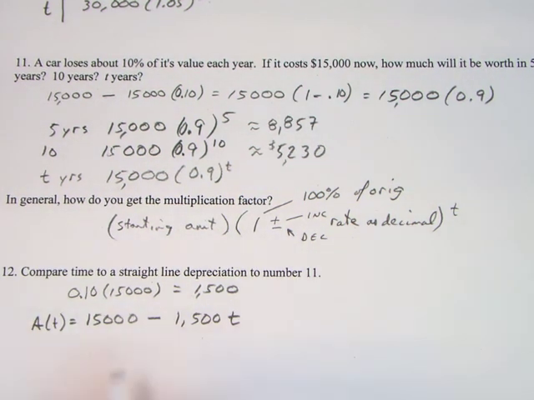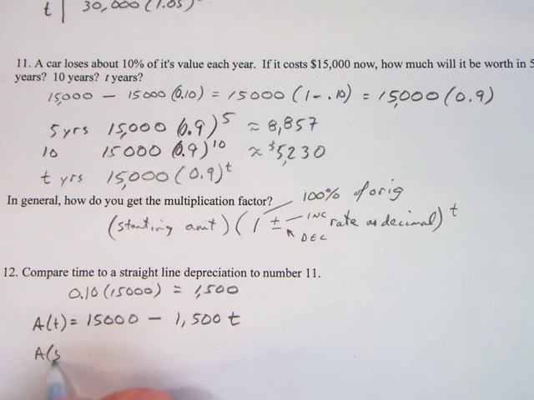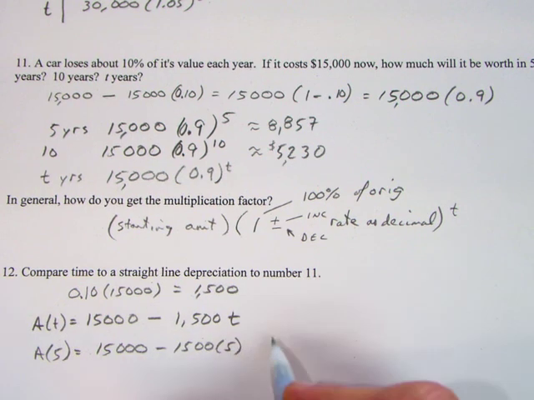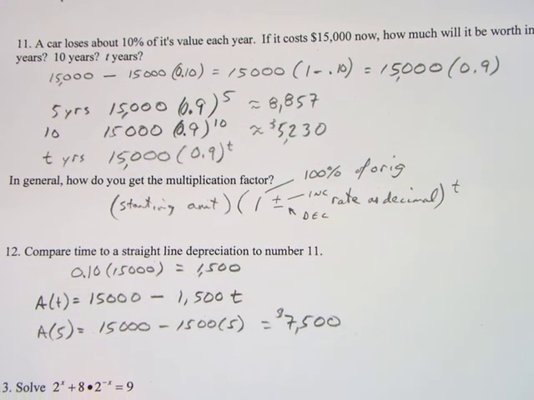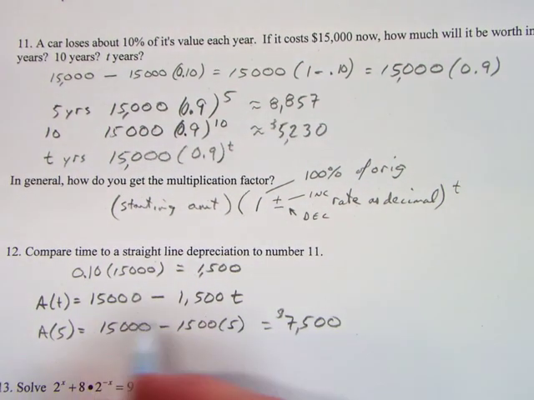So if I was looking at this, how much would it be worth in 5 years? 15,000 minus 1,500 times 5, that would be 7,500. In other words, it's half its value. If it loses 10% a year, in 5 years it's lost 50% of its value, or half of it.